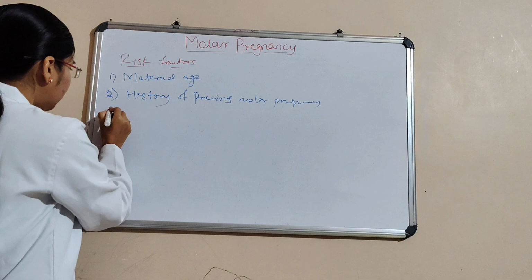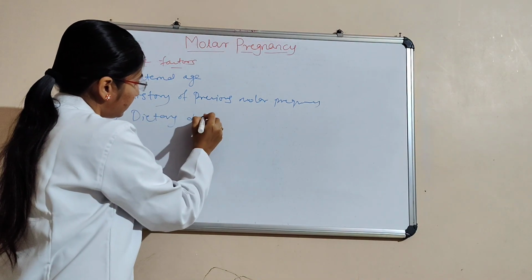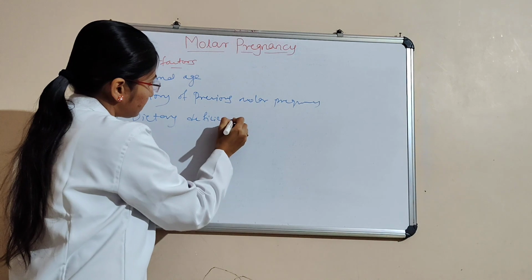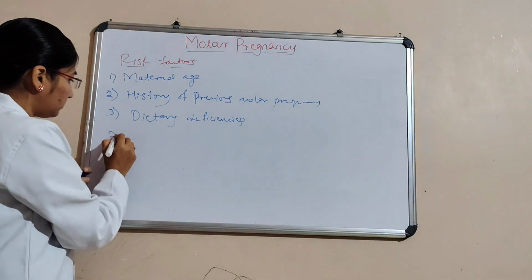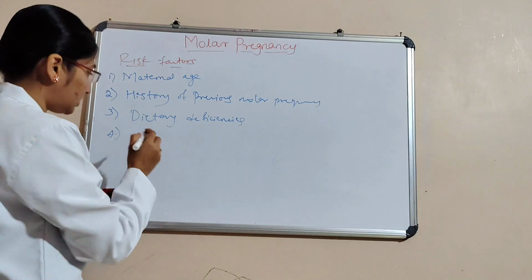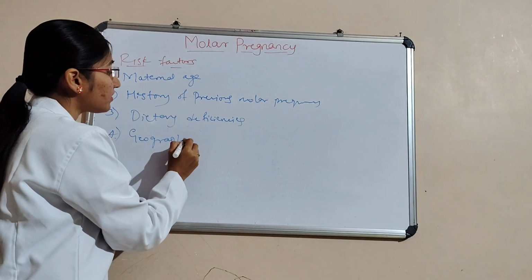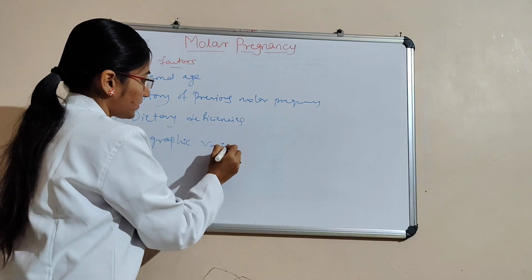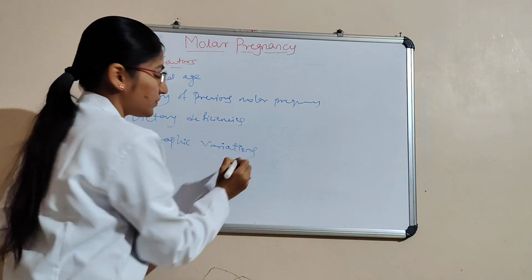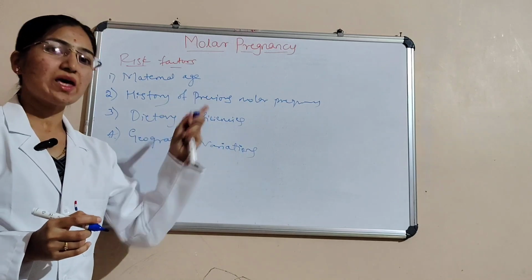Third one is dietary deficiencies. Fourth one is geographic variations. These are the risk factors for molar pregnancy.